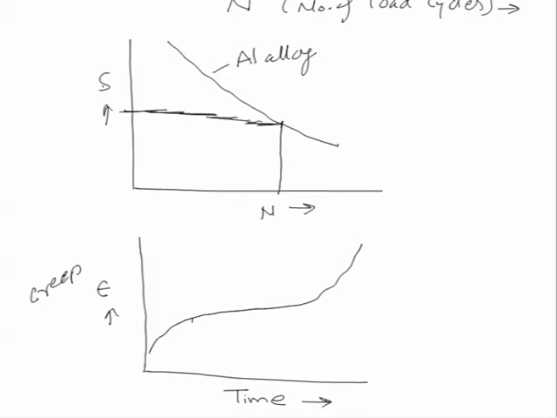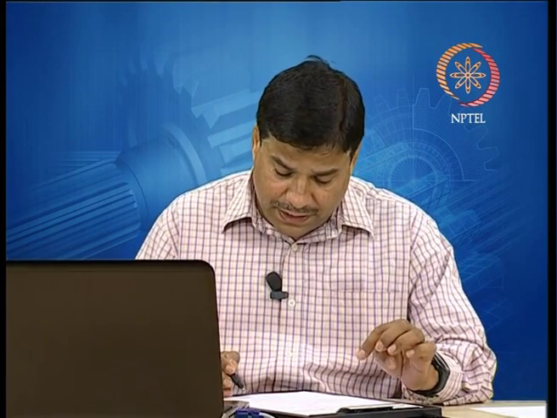This is the first phase, when a decreasing trend is observed as a function of time, and these are the portions corresponding to stage 1, stage 2 and stage 3 of the creep. In stage 1, the creep occurs at a decreasing rate, in stage 2 creep occurs at a constant rate, and in stage 3 creep takes place at an increasing rate.